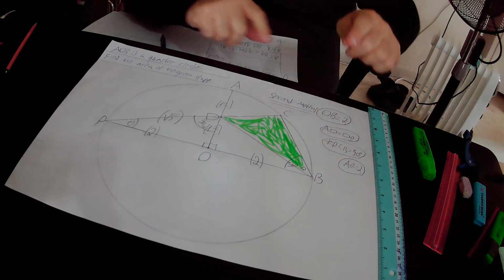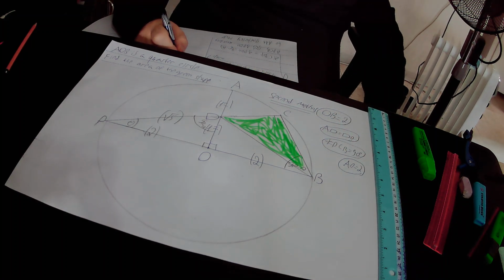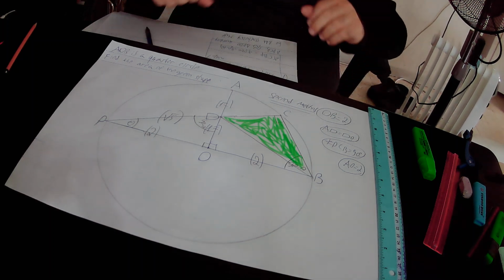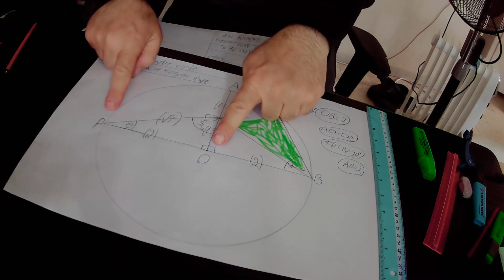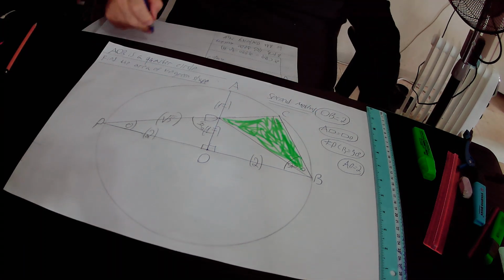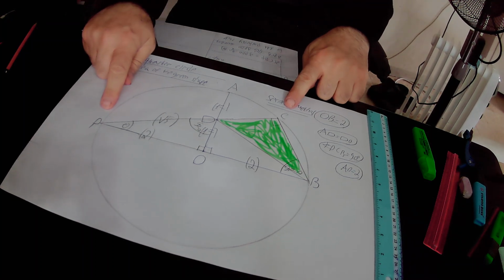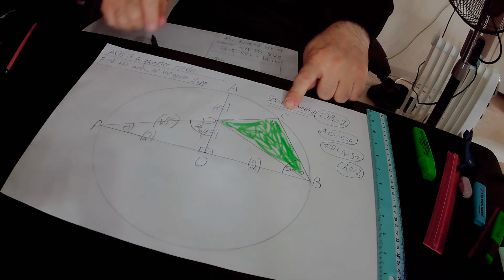CB is the missing side, so we leave it as it is, and it equals PO. PO equals 2 over CP. CP in total equals CD plus square root of 5.